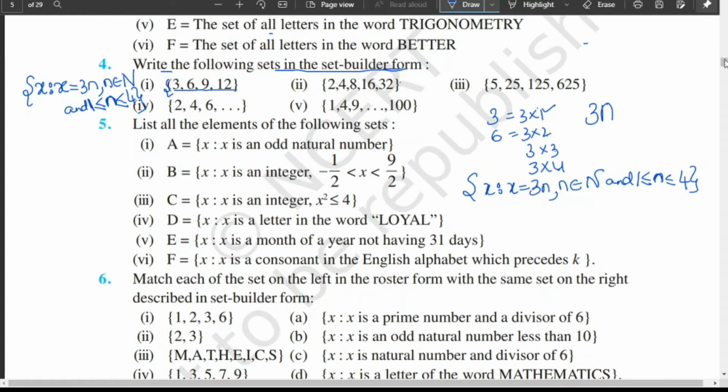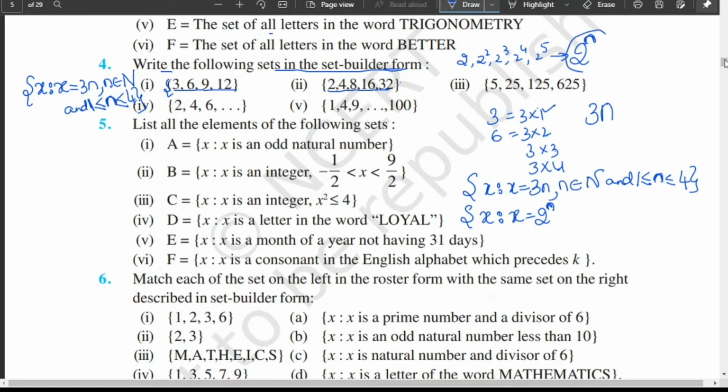This one: 2, 4, 8, 16, 32. How do we write this? I will make it as 2, 2 square, 2 cube, 2 raised to 4, 2 raised to 5. Can you make out 2 square is 4, 2 cube is 8, 2 raised to 4 is 16. So what happened here? It becomes 2 raised to n. So x such that x is equal to 2 raised to n.